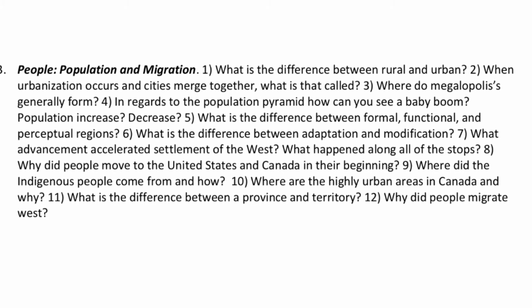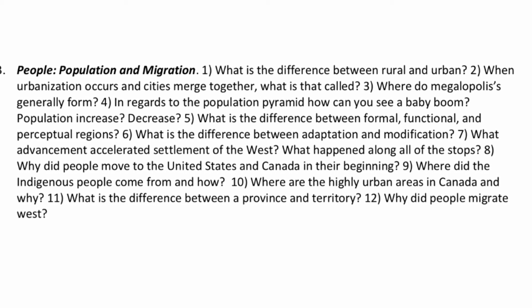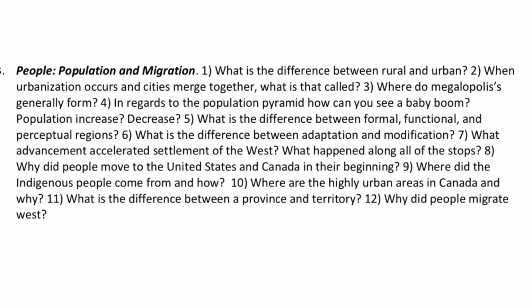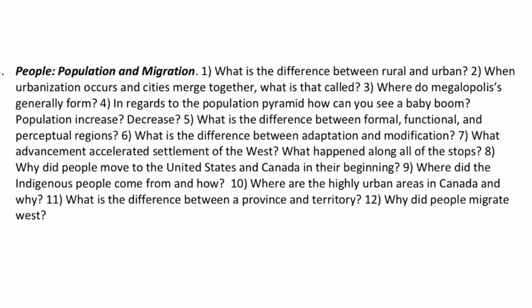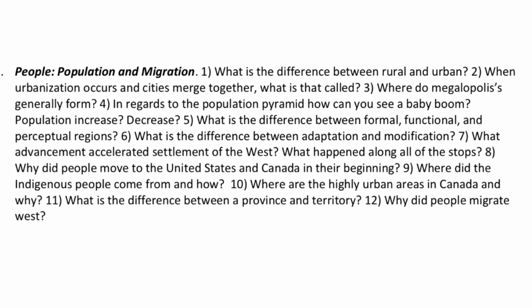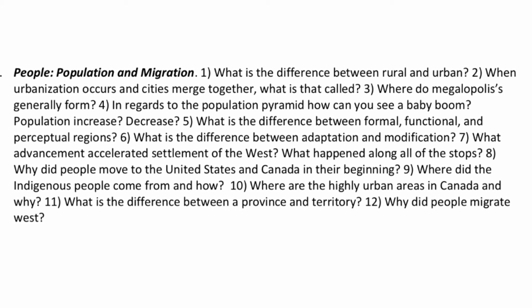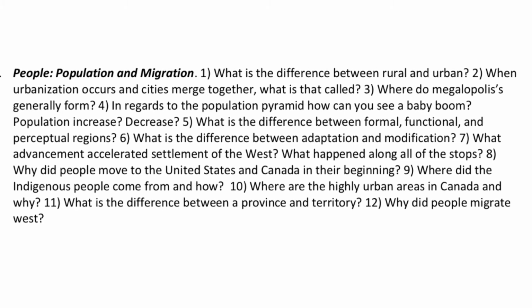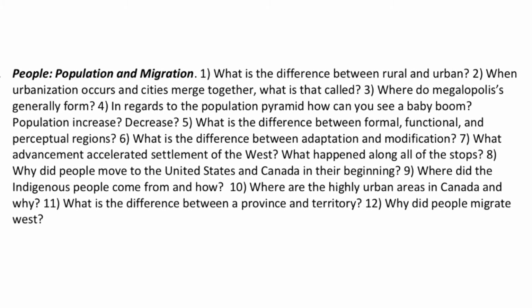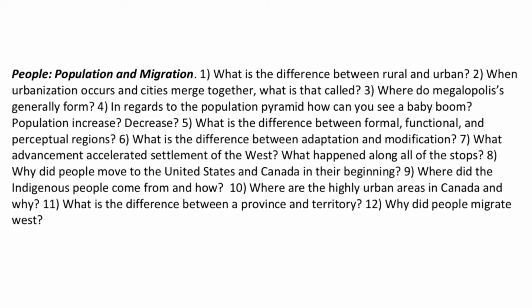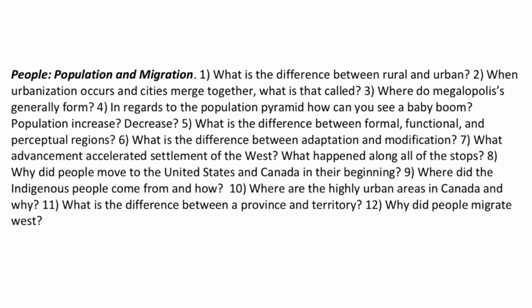Number 5, what is the difference between formal, functional, and perceptual regions? Another thing not to forget. A formal region is a region that you can prove. It's based off of shared characteristics that tie the group together. A functional region, also known as a nodal region, has a central point that is connected somehow, like a highway system.